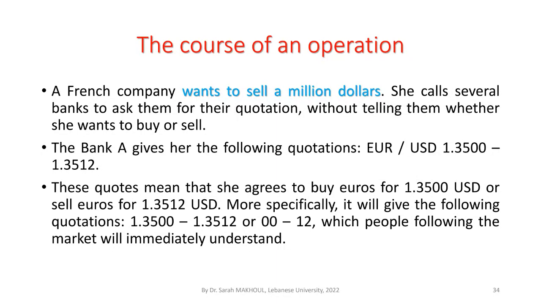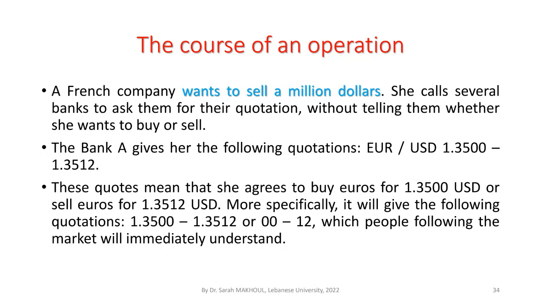So the course of an operation, how to do such a cross rate. If you are a French company who wants to sell $1 million, I give you an example of a French company located in France, and this company wants to sell $1 million. This company called several banks to ask them about their quotations, without telling them whether she wants to buy or to sell.